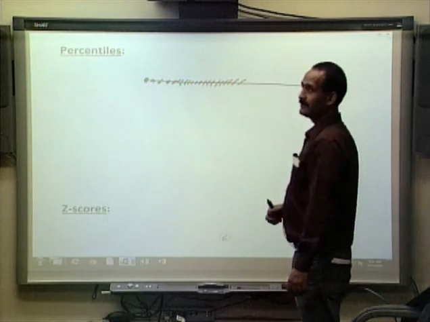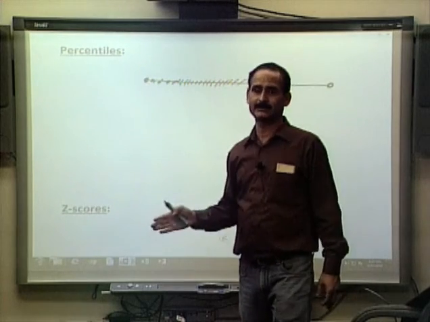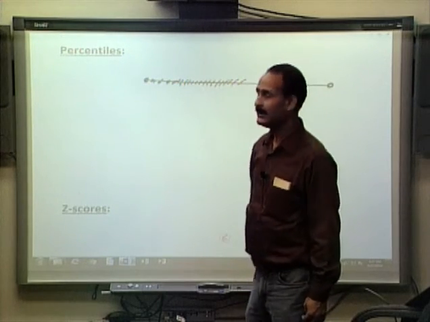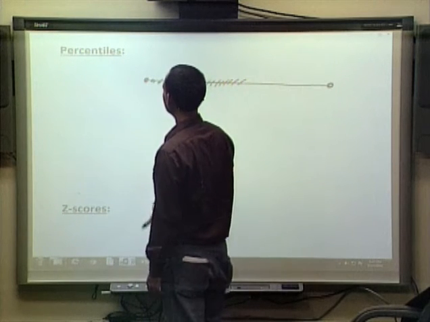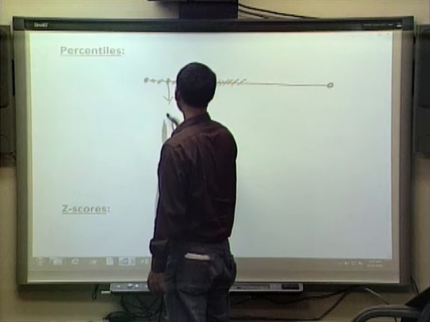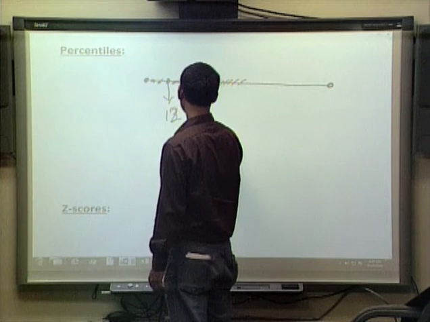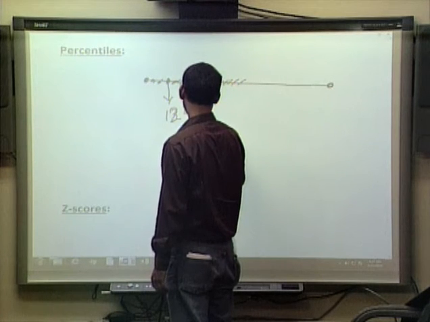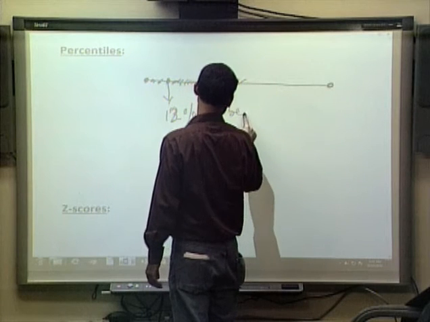If we divide the observations into 100 equal parts, then for this observation, let us say 12% of the observations are below it.